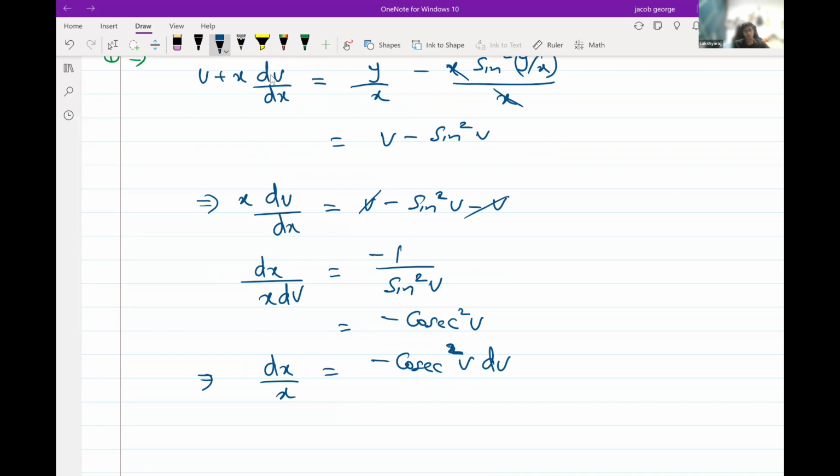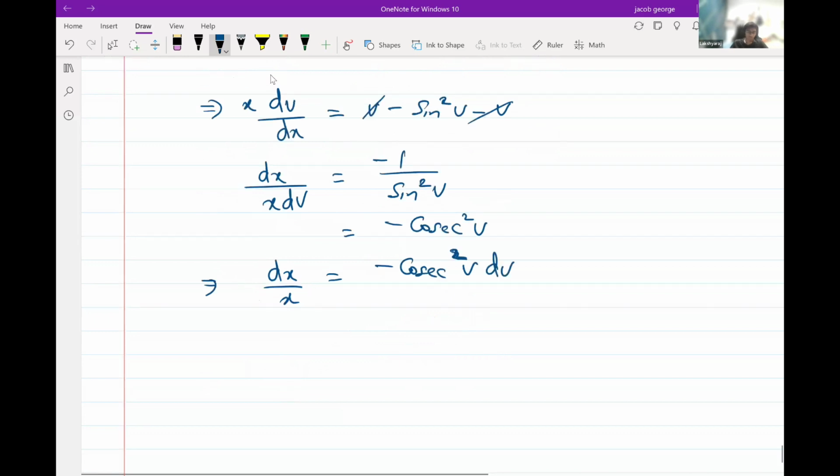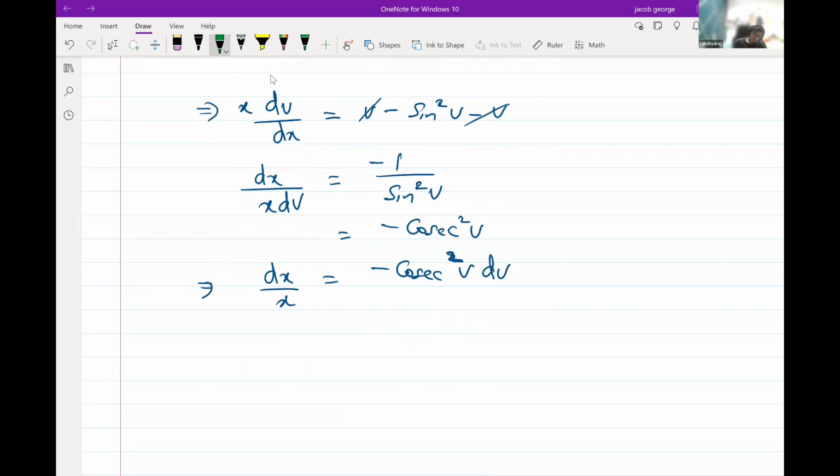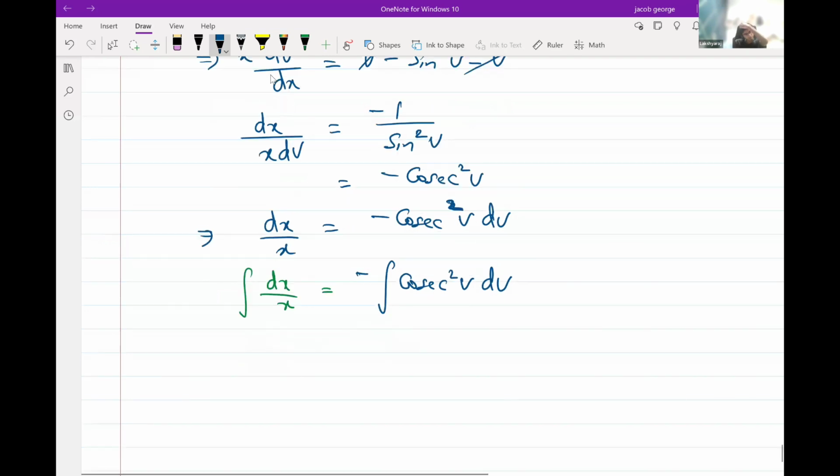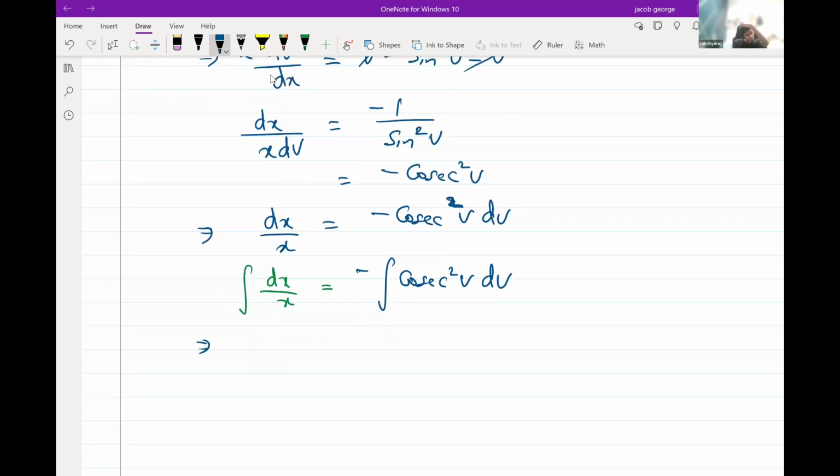Now doing integrals on both sides. Integral dx by x is equal to minus integral cosec square v dv. What is the integral dx by x? Log mod x. So log mod x is equal to minus integral cosec square v dv, direct integral formula, cot v, right?